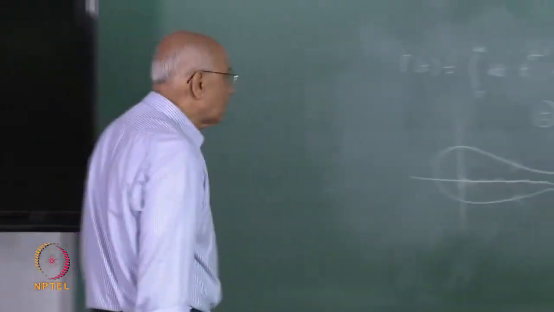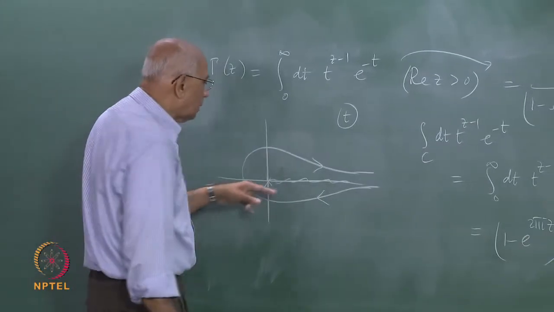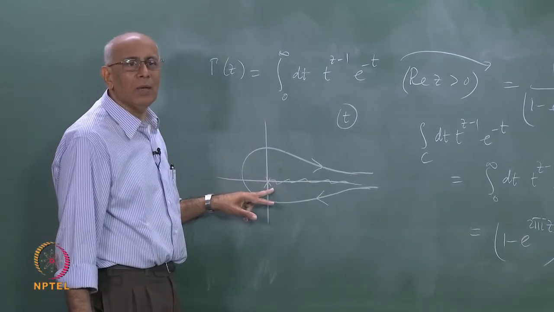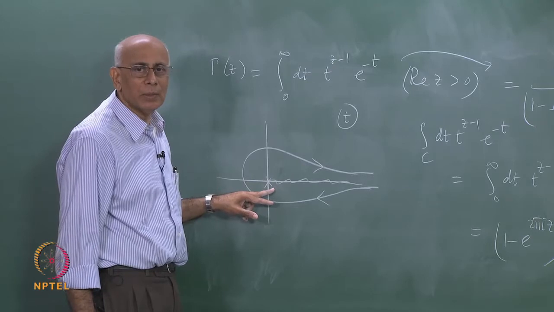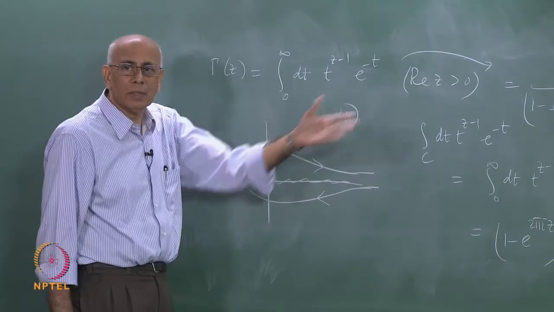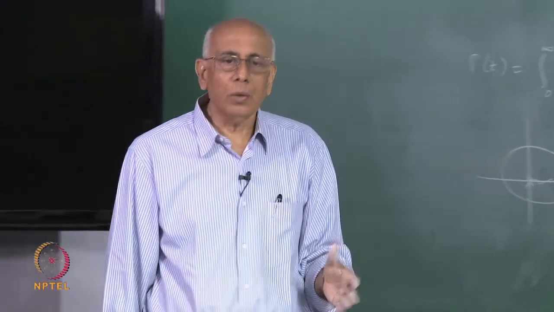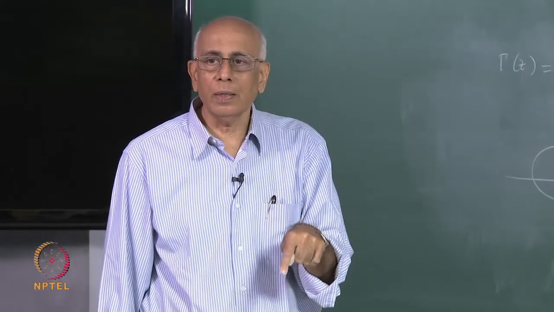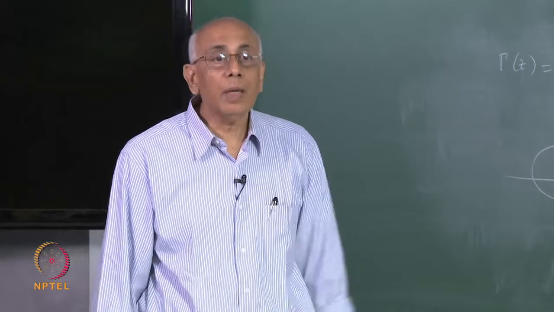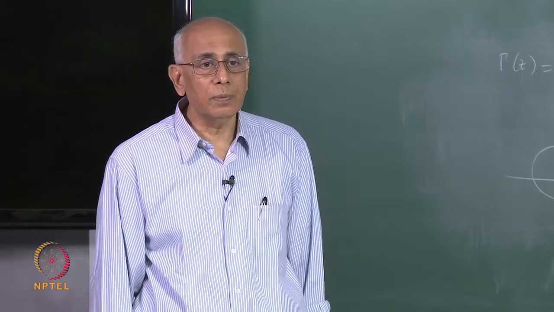But the important point is, does the contour touch t equal to 0 anymore? No. And the problem with negative z to the left of real z equal to 0 arose because of what happened to the integrand at t equal to 0, but now the contour does not touch t equal to 0.